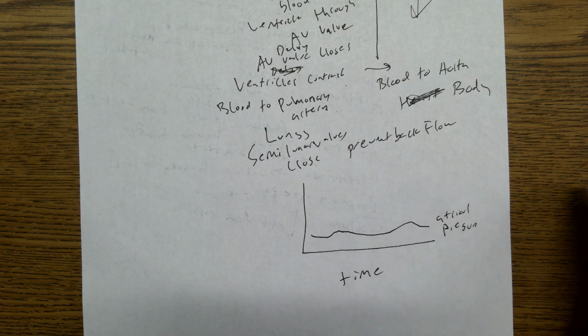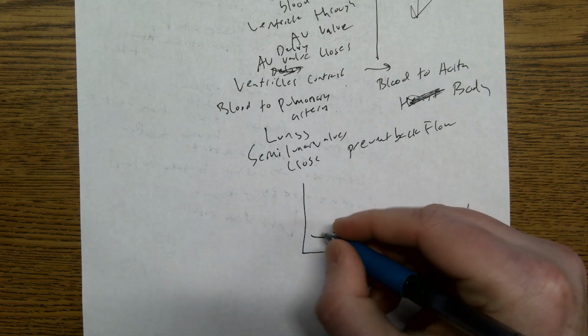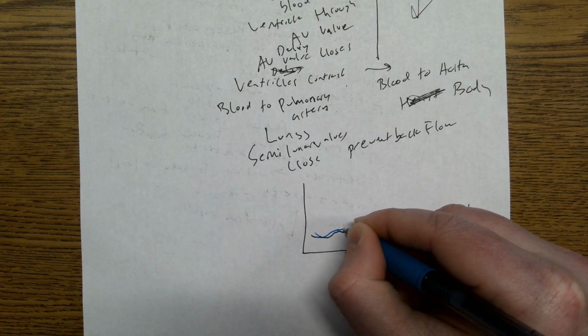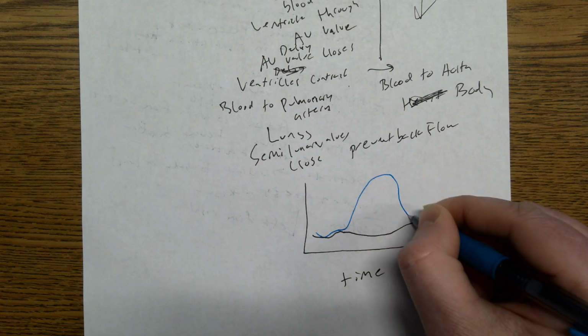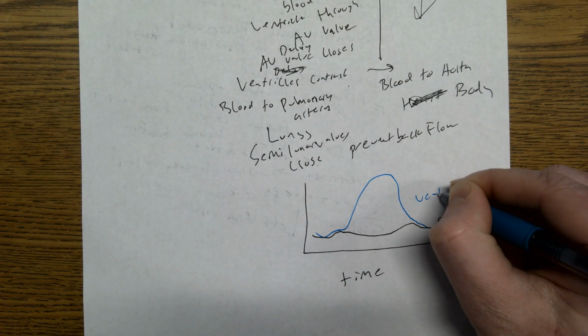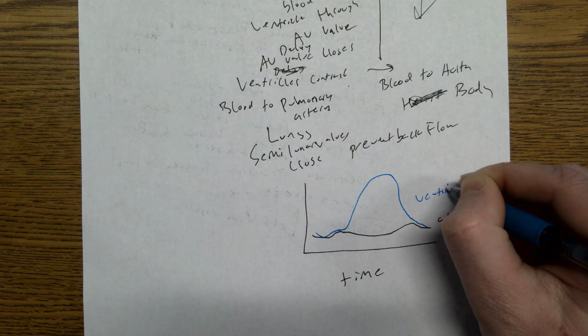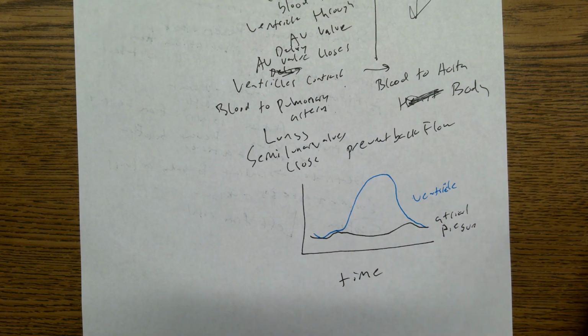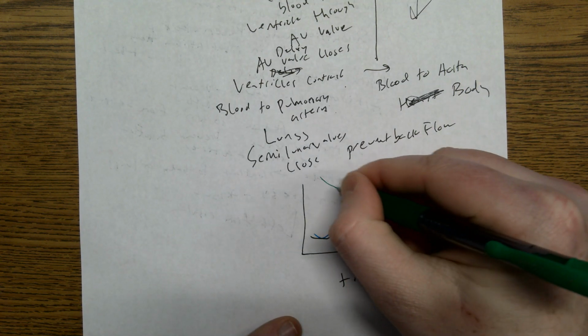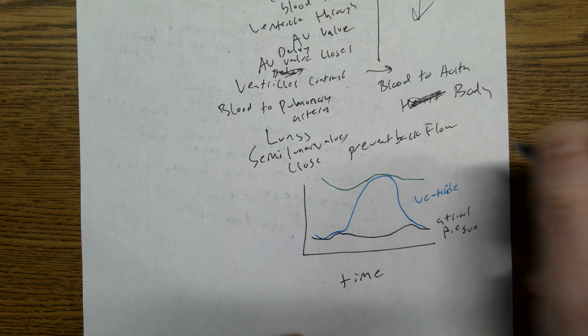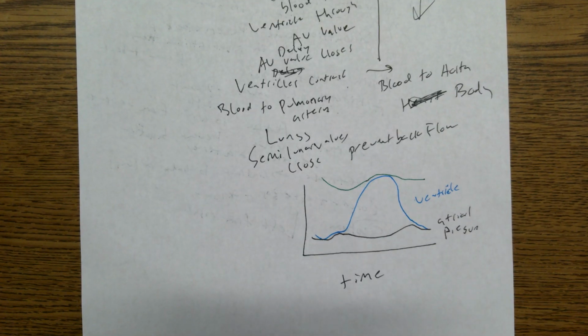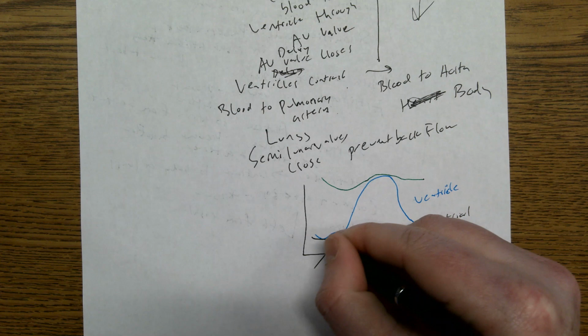Then we have our ventricular pressure, which looks like this. And then we have the aorta pressure.